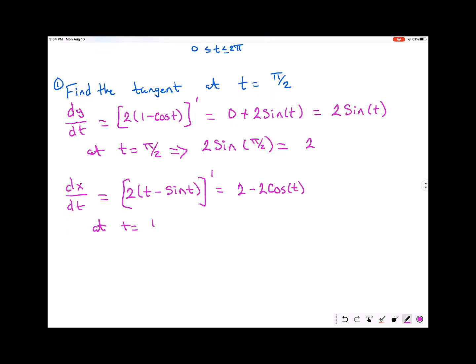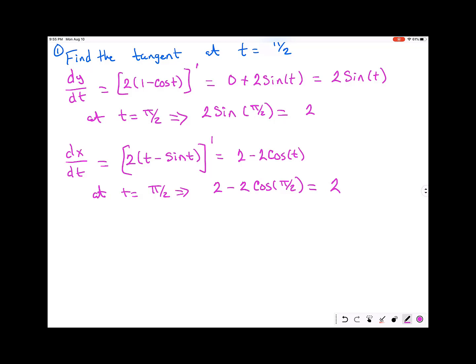And at t equals pi over 2, we would have 2 minus 2 times the cosine of pi over 2, which would be equal to just 2.